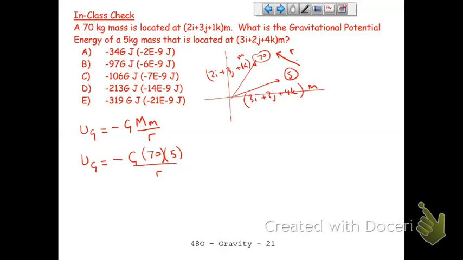I've got to find that separation. So here's a little bit on vectors. It doesn't matter which way round I do this. I'm going to say the vectors look like that, that's R, this is R1 and that's R2. I'm going to say that R1 plus R is equal to R2.